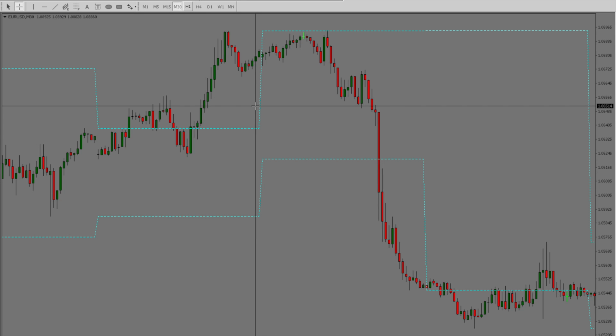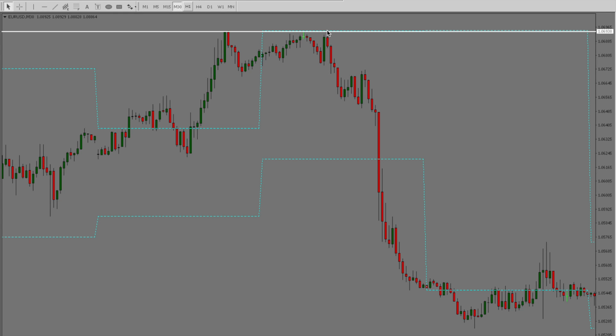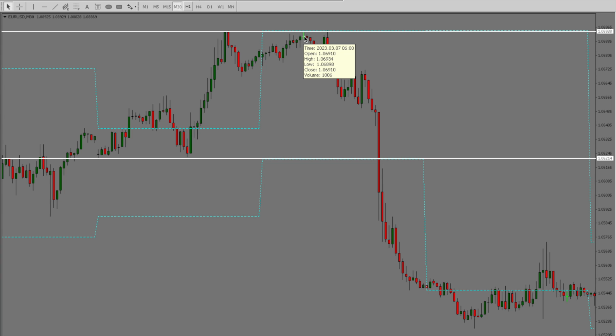So if you have come across a common education provider, what they will say is, look, this is the daily high line and this is the daily low line at the bottom. Now you wait till the price approaches this daily high and you sell from here.